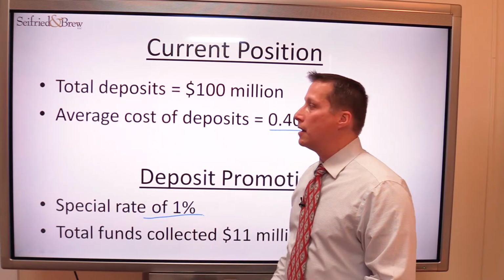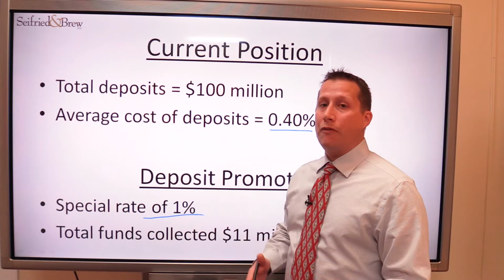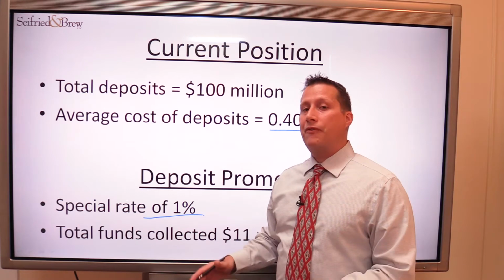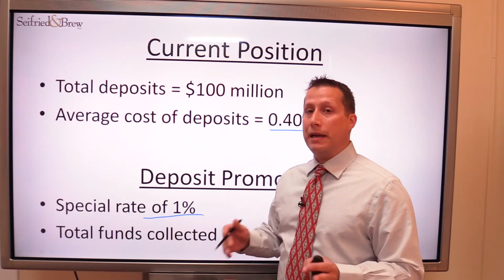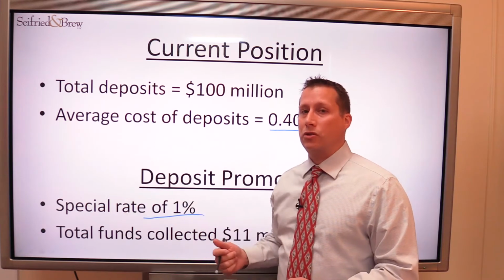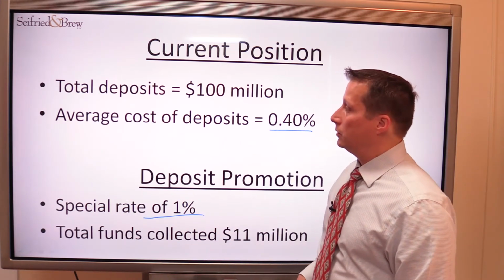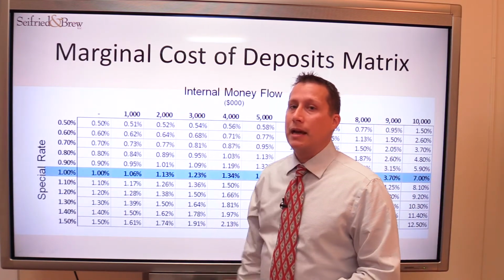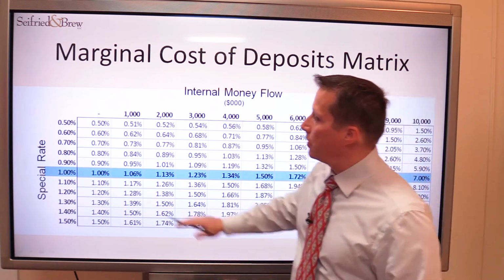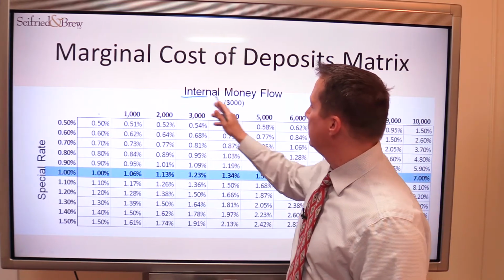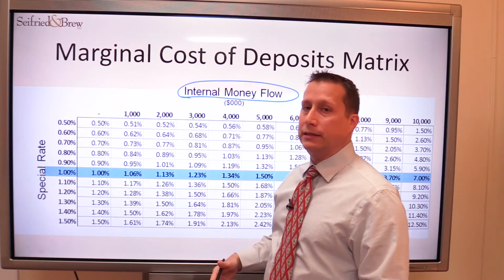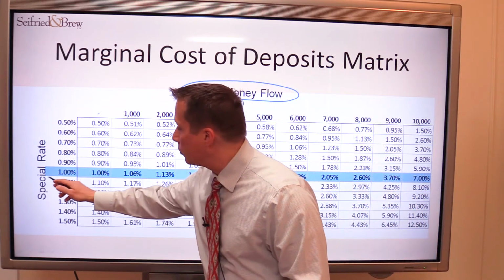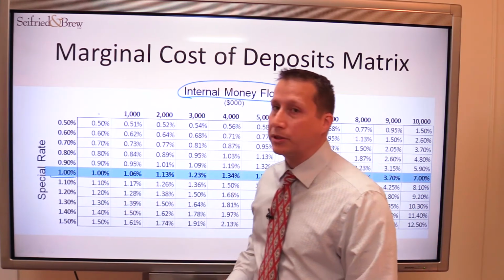So now let's look at the impact of the new account based on the amount of funds flowing into this account from internal accounts versus external funds, or the net new deposits. We look at the marginal cost of deposits in this matrix. The top part is the internal money flow, so these are funds coming from other accounts at the bank, and then we look at the special rate that we're offering, which is that 1% rate.